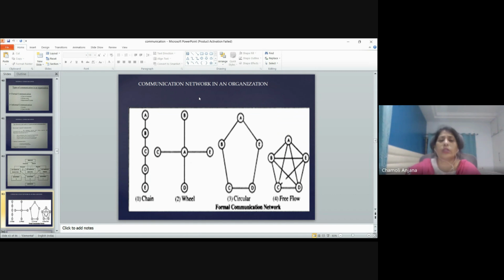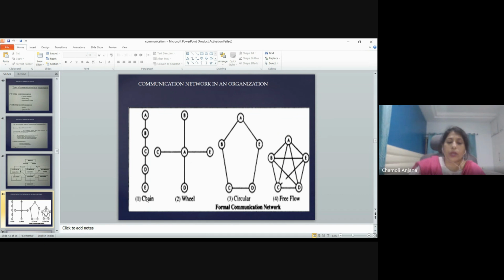All possible patterns or channels of communication available in the organization constitute the communication network in the organization. There are different types of network that can take place in an organization. The first one is the chain network.